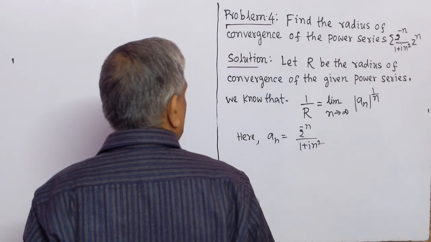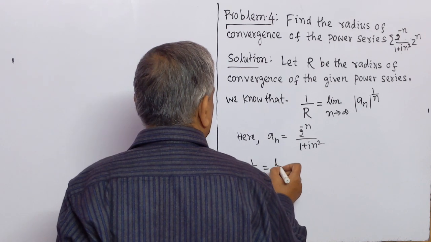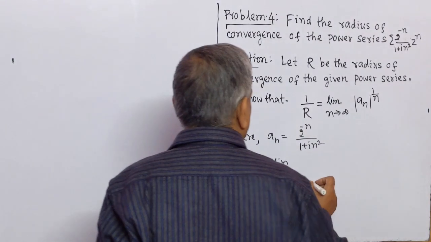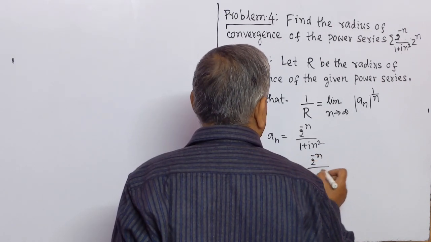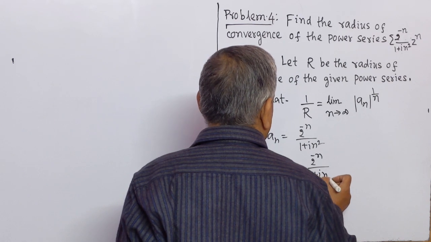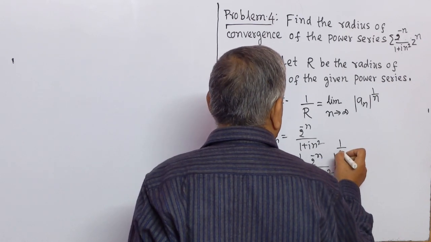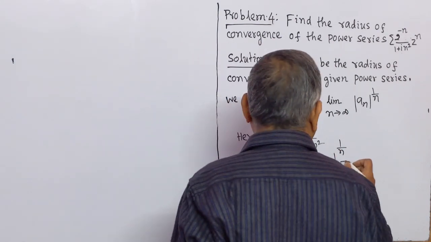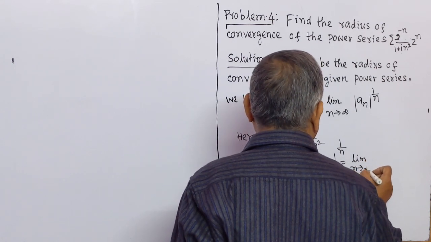Therefore, 1 by r equal to limit n tends to infinity 2 to the power minus n by 1 plus i n square modulus 1 by n power, and this will be equal to limit n tends to infinity.